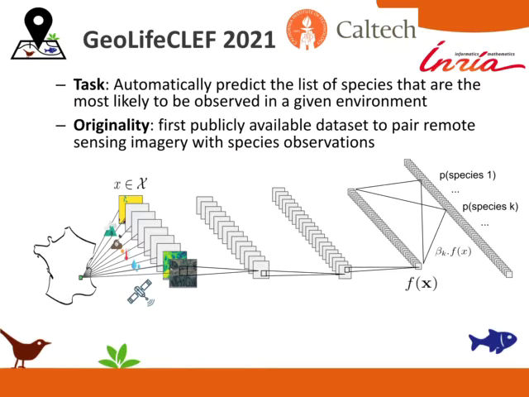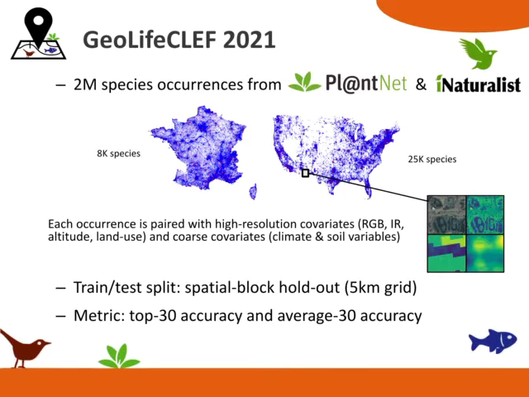And this is the first publicly available data set to pair remote sensing imagery with such a huge amount of species observations. In particular, these observations come from two major citizen science initiatives, iNaturalist and PlantNet.